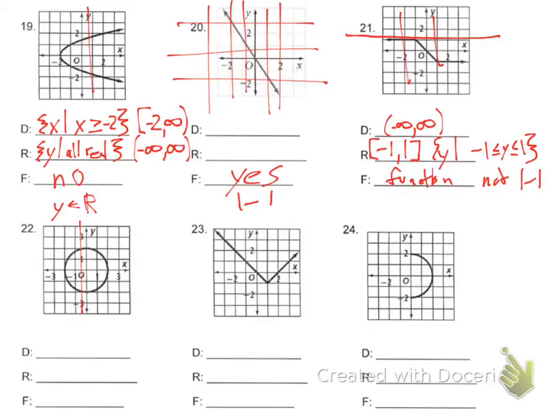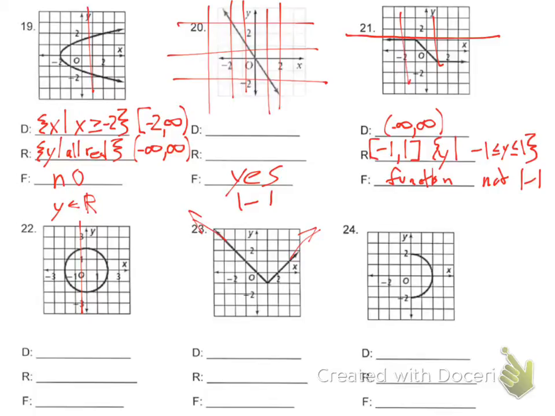It looks like my x values go forever. It's going to continuously go in both directions forever, right? So x's are all real, or negative infinity to infinity. Range starts where and goes where?